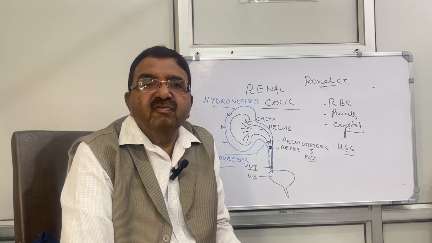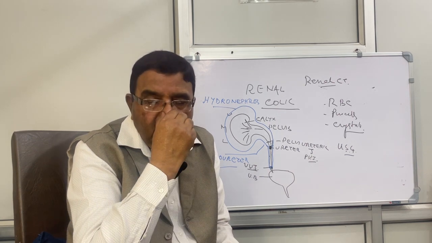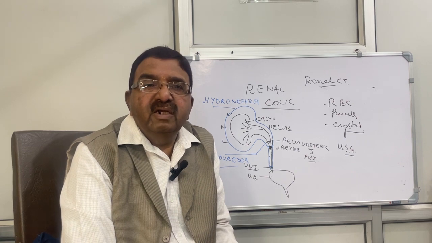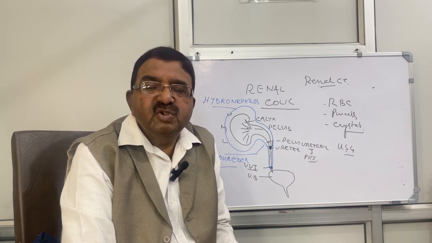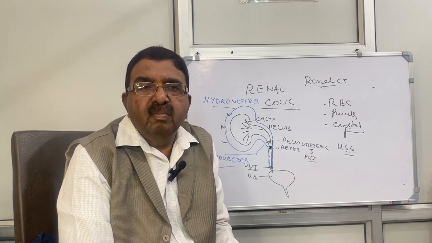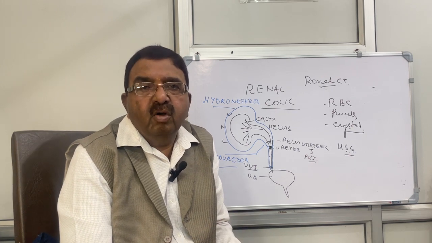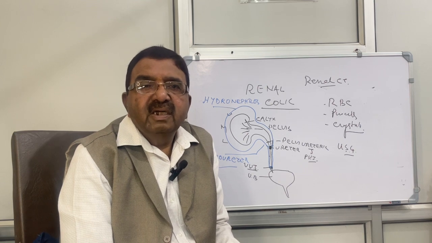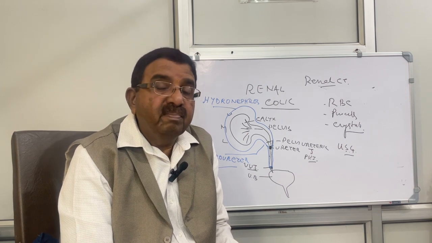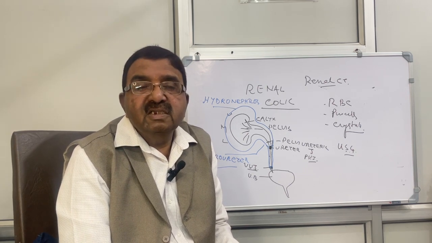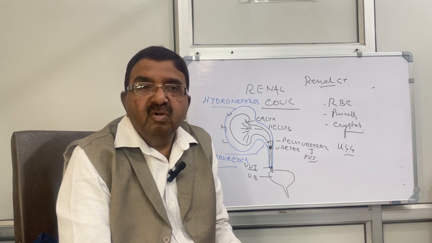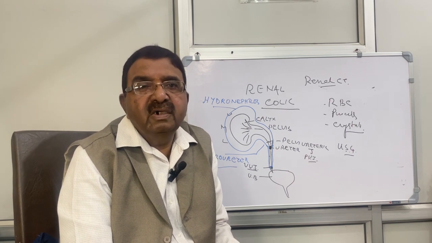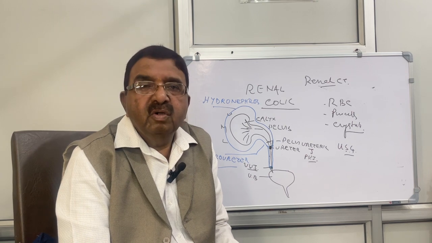Usual stones are of calcium oxalate, or second, calcium urate or pyruvate stones. These are uncommon stones, and mixed stones are very common. So calcium oxalate, urate, calcium phosphate and pyruvate stones are the types of stone usually encountered in renal stone patients.